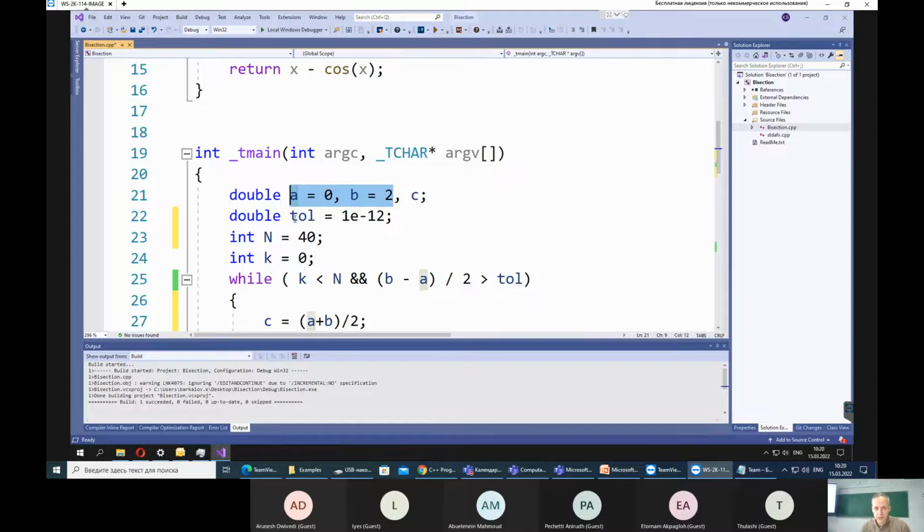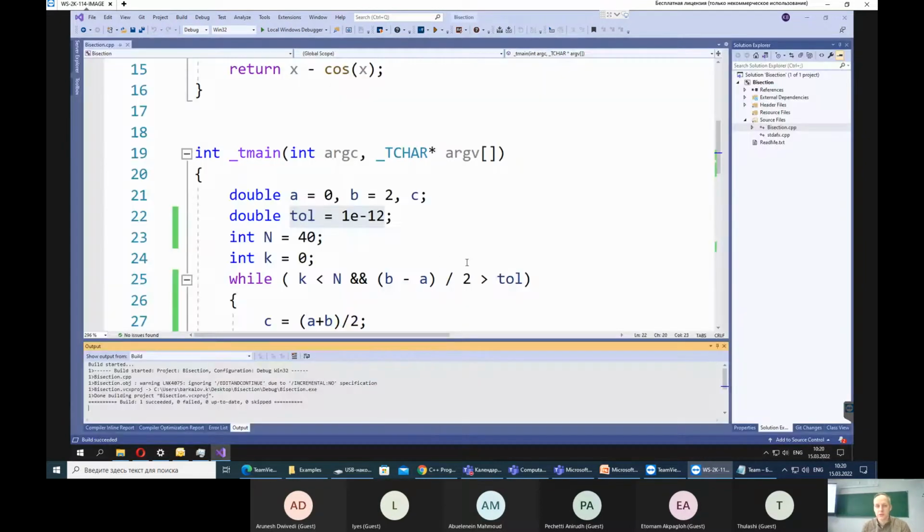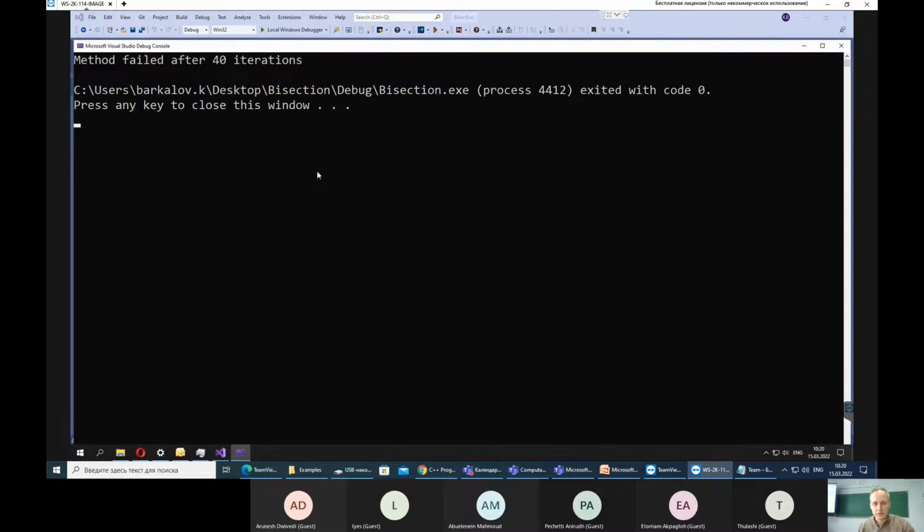But let me take the same tolerance, 10 power minus 12, as in this example. And you see that 40 iterations. This inequality gives us that n should be greater than 37, and here we get 40. So more or less the same answer.